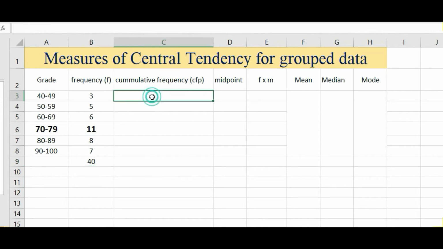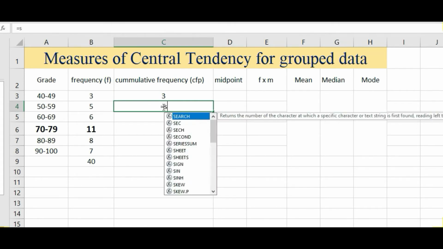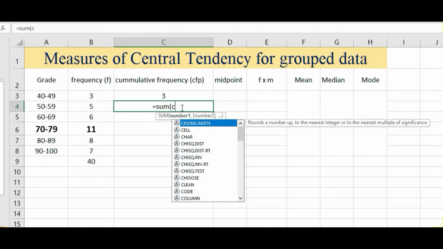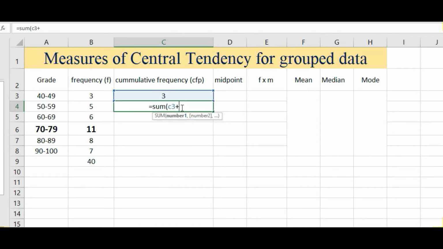First things first, we have to solve for the CF or the cumulative frequency of the data. So how do we do this? First, we'll just copy the first frequency here. So that's 3. And then you will add C3 and then this one.